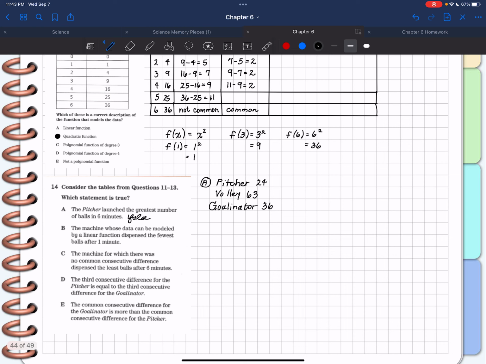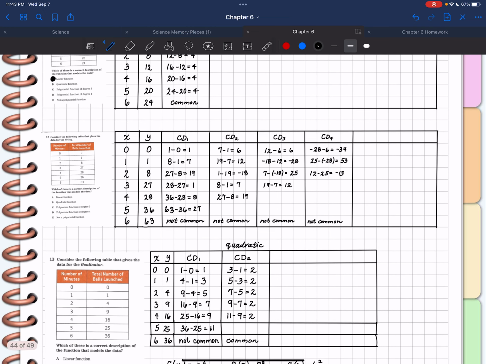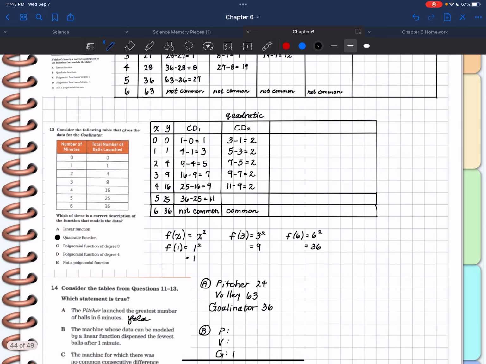B, the machine whose data can be modeled by a linear function dispensed the fewest balls after 1 minute. Well, again, I need to look at all three of them, and I'm just going to use letters. At 1 minute, the goalinator is right there in front of me, so let me do that one. At 1 minute, 1. The volley at 1 minute was 1.